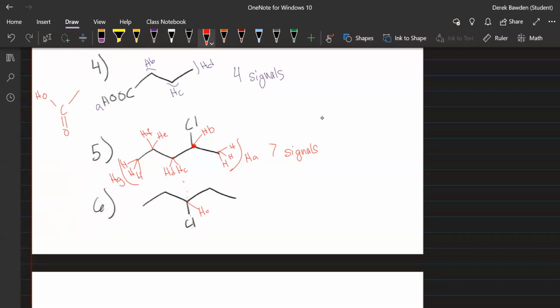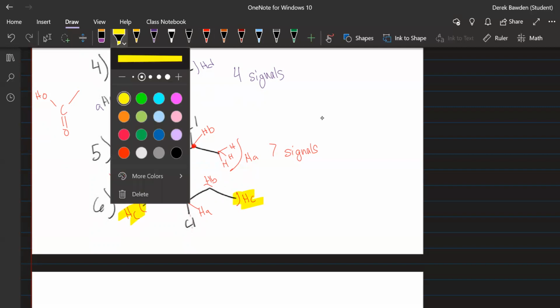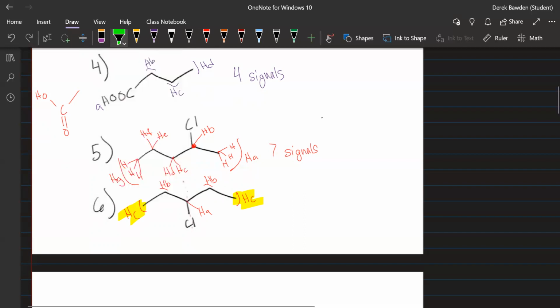So we can start here with HA, HB, and these will also be HBs because they're identical to the others. And these will be HC, and these will also be HC because they're identical to each other. Okay. So here, these are identical to the opposite side. Same with our HBs.